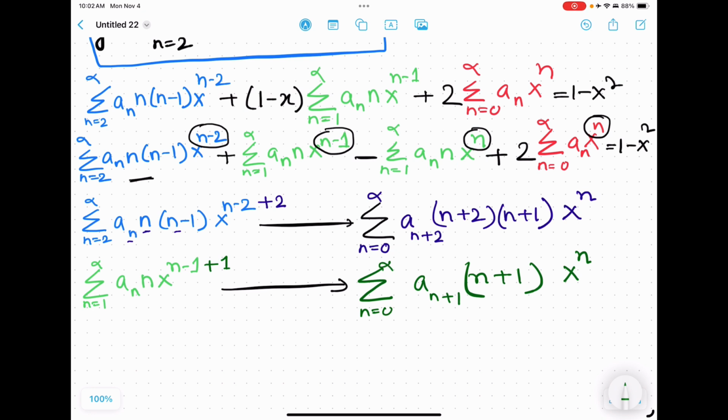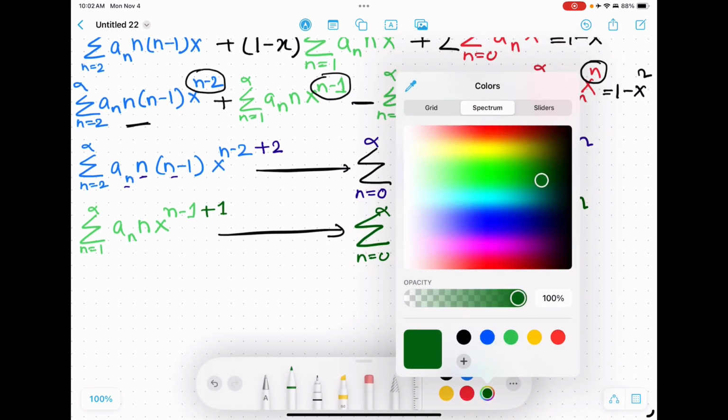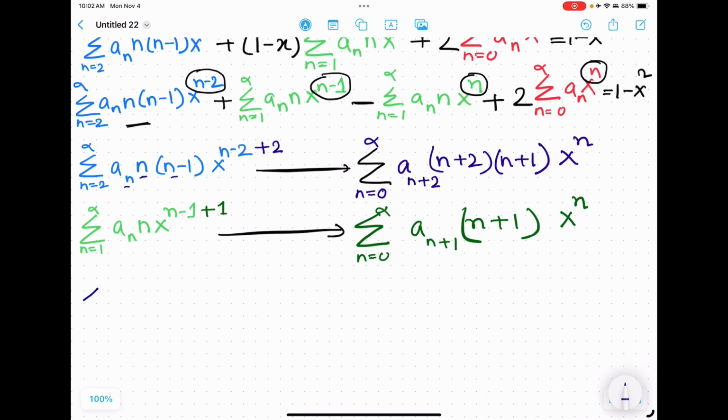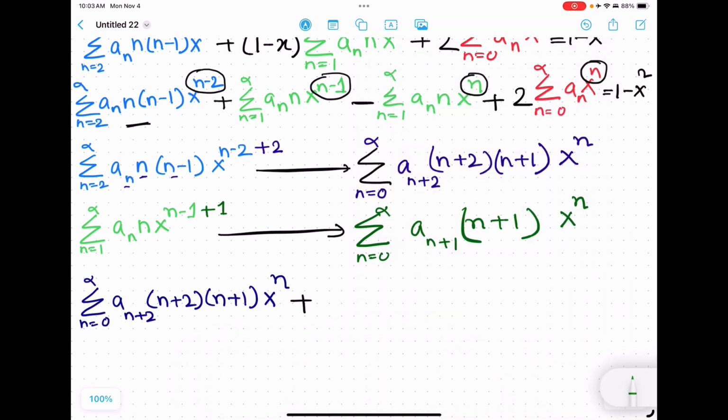Okay, so now let's rewrite our transformed power series into the differential equation. So I have my first transformed power series, which is summation n equal to 0 to infinity a sub n plus 2 times n plus 2 times n plus 1 times x to the power n. And then I have my second transformed power series, which is summation n equal to 0 to infinity a sub n plus 1 times n plus 1 times x to the power n.